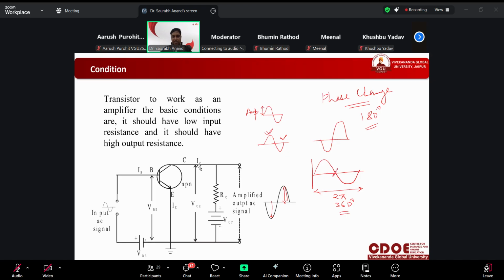So half is 180. So how much phase difference is there? The phase difference is 180 degrees. Right? Any doubt? Please, just a minute, hold on.